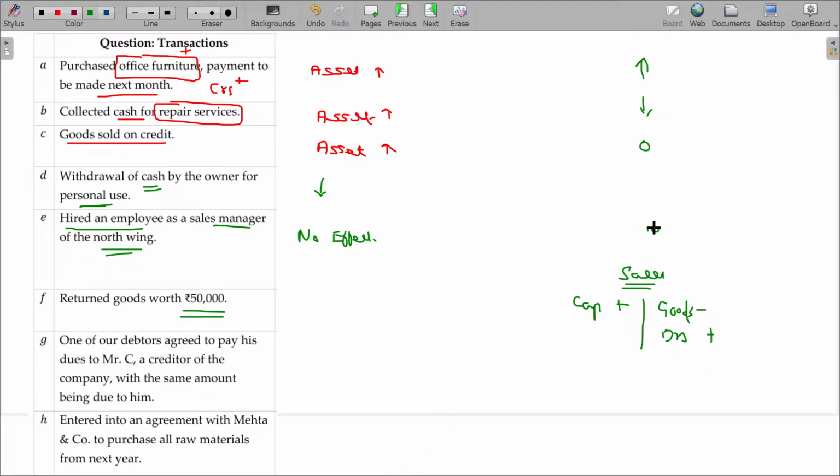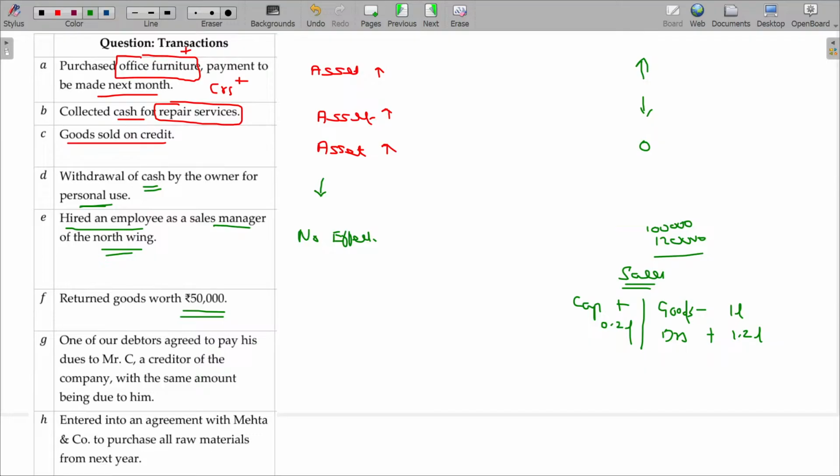Maybe 1 lakh rupees worth of goods is sold for rupees 1 lakh 20 thousand. Usually you will sell for a profit. So goods will decrease by 1 lakh, debtors will increase by 1.2 lakhs and capital will also increase by 0.2 lakhs. Am I right? That's the sales transaction.